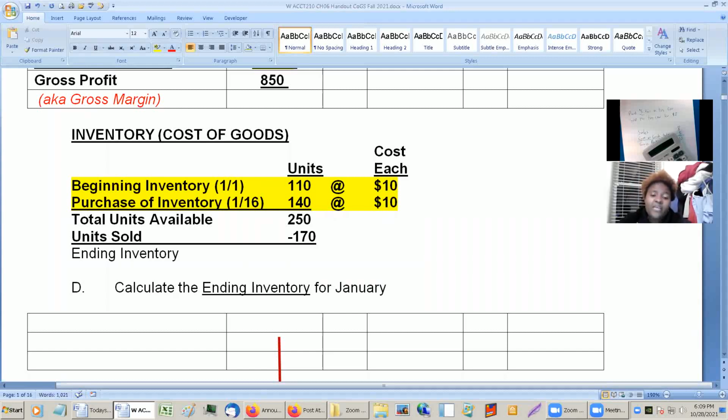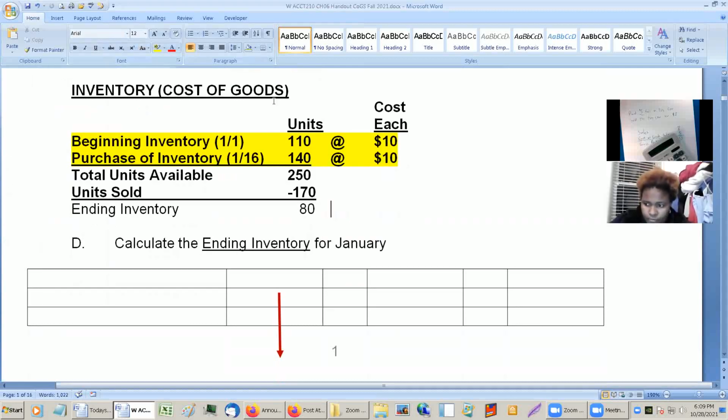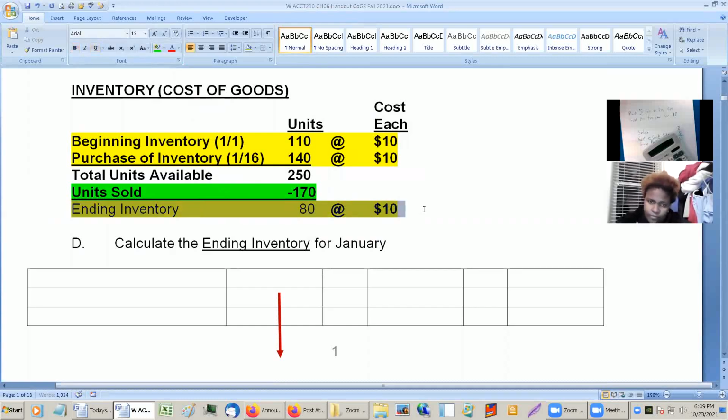These are all at the same price. So those are the ones that were sold, and this is the leftover. You can also think of these as the ones that were not sold.